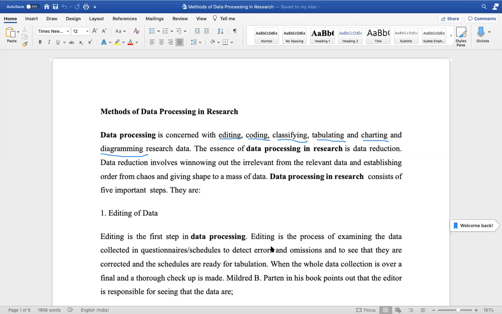If I have responses from 50 respondents or 100 respondents, and all of them have not answered a particular question, then each question is an information or a data to me. Hope you understand that. In a questionnaire, whatever questions I ask, each and every question is a data to me.